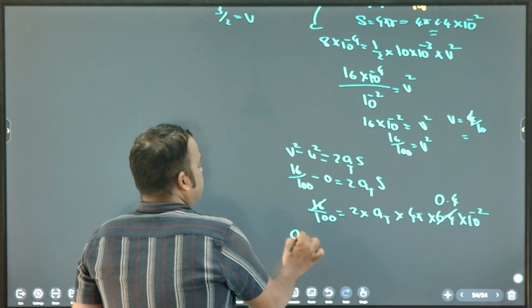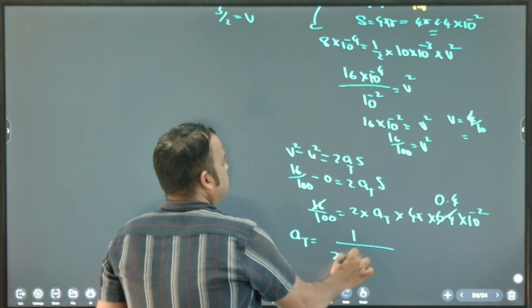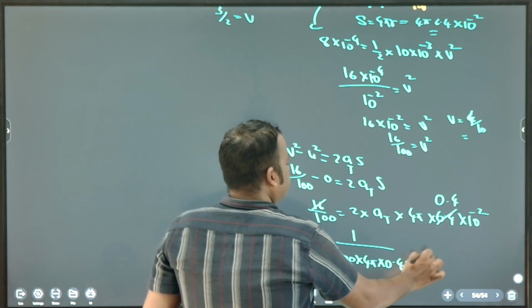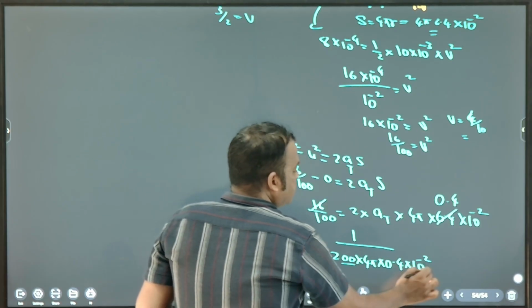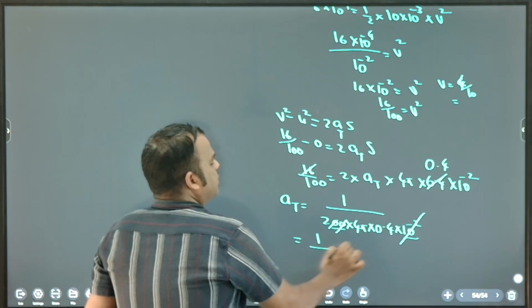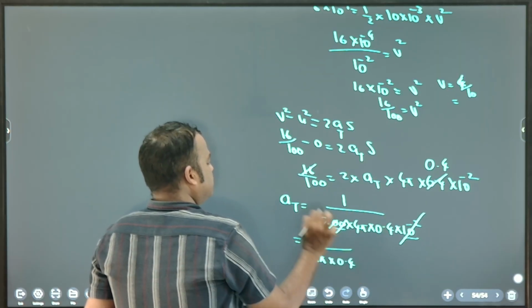So we are getting 80 is equal to 1 by 200 into 4 pi into 0.4 into 10 power minus 2. Okay, these two zeros and 10 power minus 2 cancel. So 1 by 8 pi into 0.4.